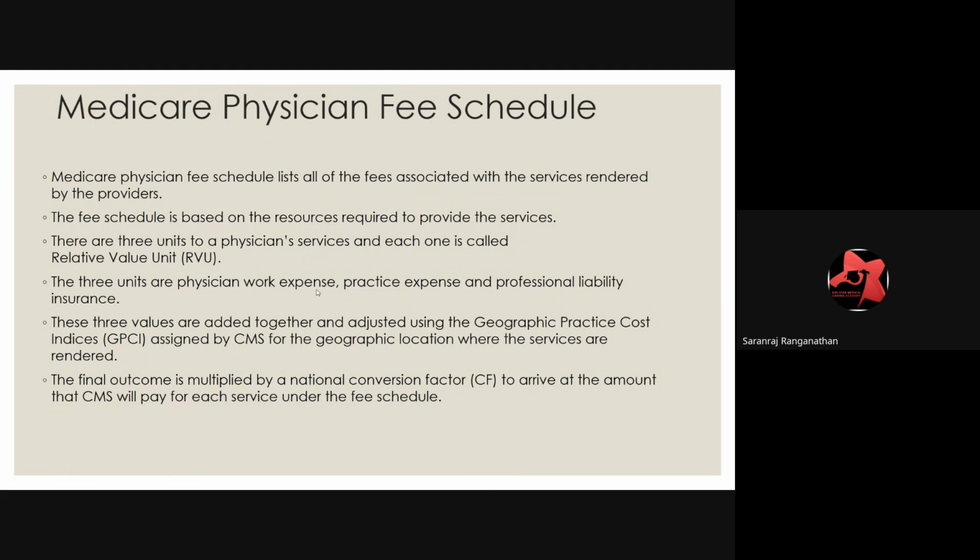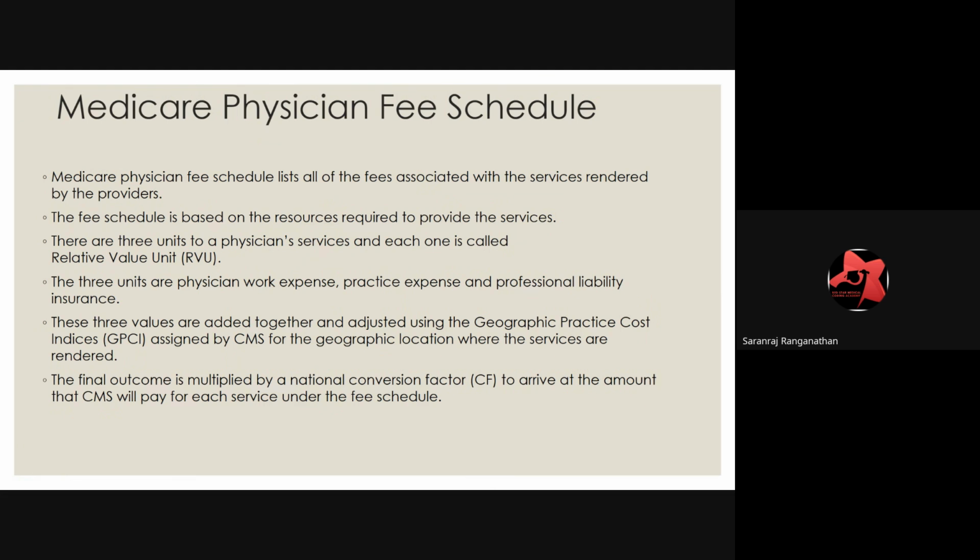Those three units are related to the physician work expense, practice expense, and professional liability insurance. Then these three values are added together and adjusted using the geographic practice cost indices, GPCI, assigned by the CMS for the geographic location where the services are rendered.